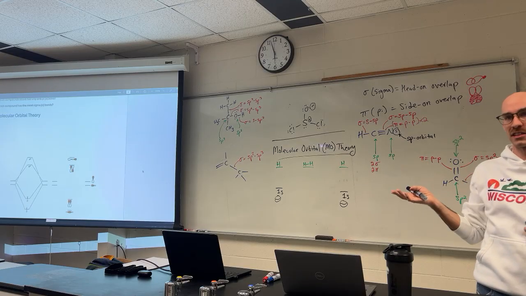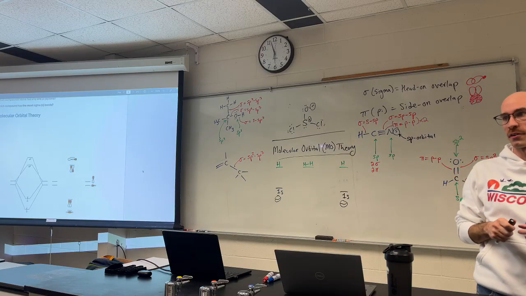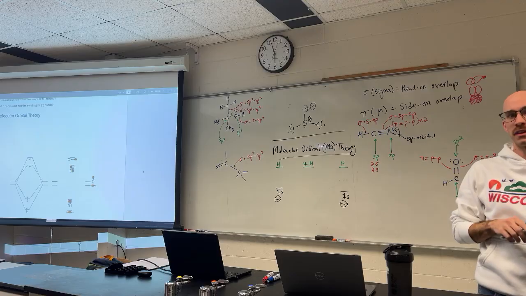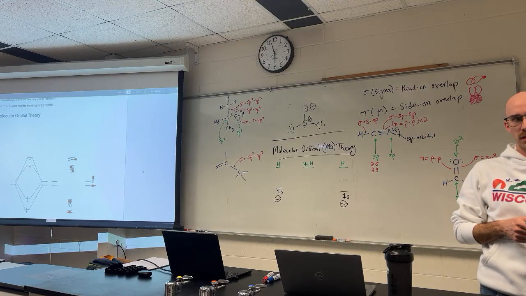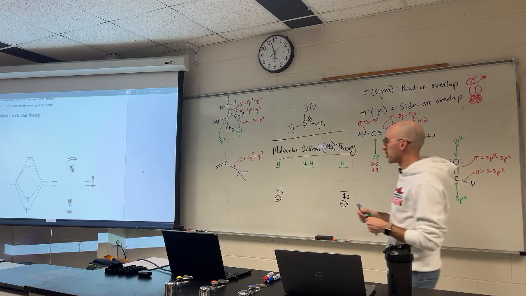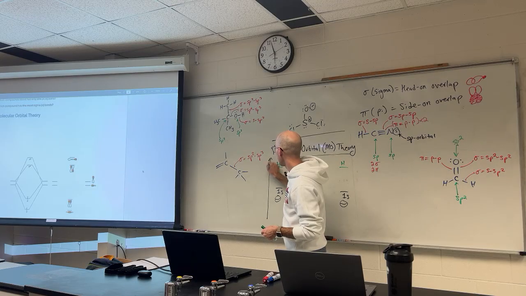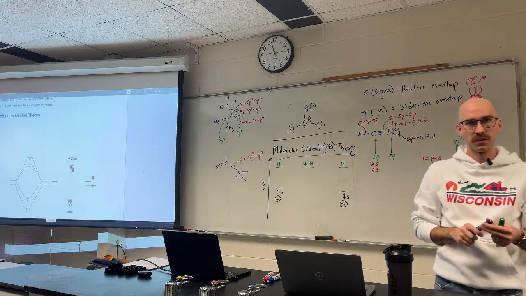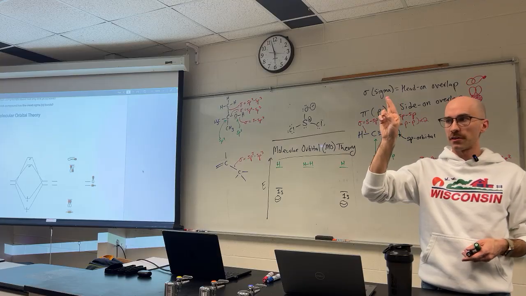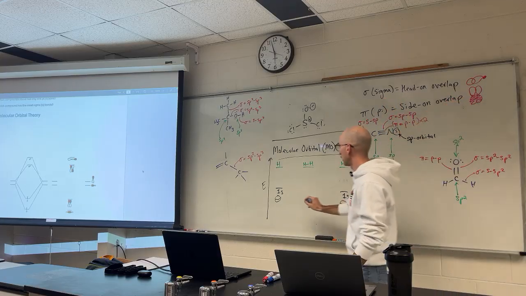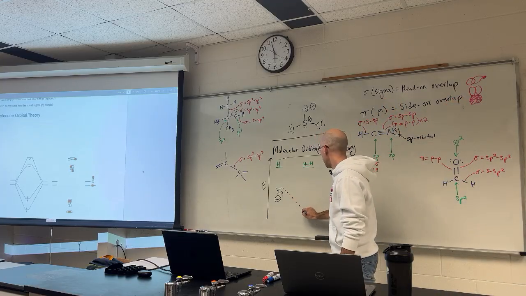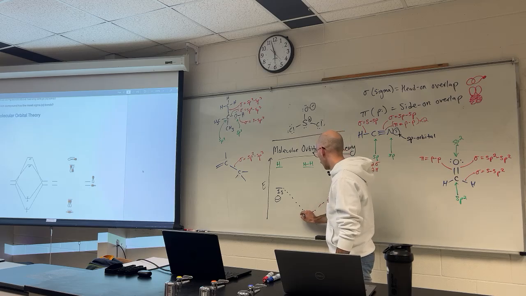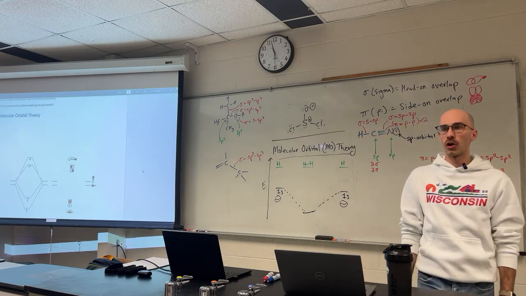Valence bond theory just ignores it. Molecular orbital theory considers what happens when these orbitals come together. So in terms of energy, which is what we're plotting along the y-axis here, if 2 orbitals come together constructively, the energy of the resulting orbital will be lower.